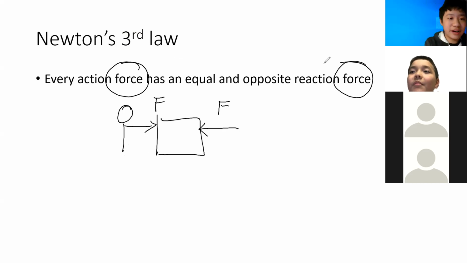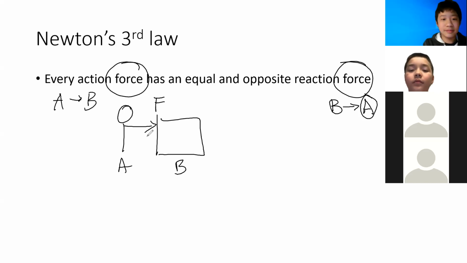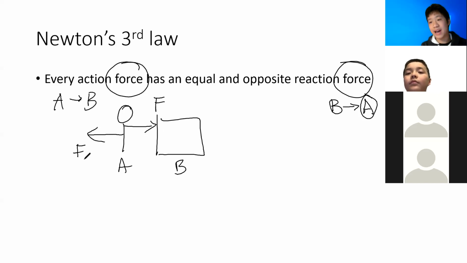For example, if I have some object A applying a force on B, just like me as A and the box as B, I'm applying a force on B. The equal and opposite reaction force is a force that B pushes on A. So the reaction force is actually being applied to me, the human, not to the box. The box is pushing the human backwards with a force.